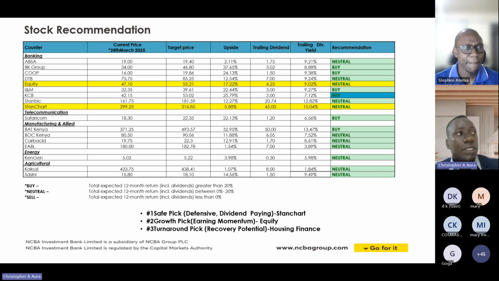For agri stocks, last year they were hit mainly because of the geopolitical issues that affected supply chains, and because most agricultural stocks produce for the export market. If there's an issue with the global supply chain, it really impacts them, and they also depend on climate and weather.